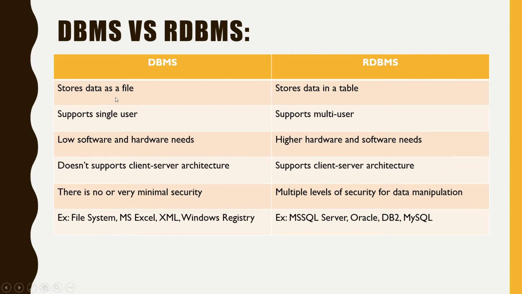Now let's look at difference between DBMS and RDBMS. DBMS stores data as a file, that is Excel or Notepad, whereas RDBMS stores data in a table, that is into rows or columns. DBMS supports single user, that is only one user can access your desktop file at a time, whereas RDBMS supports multi-user, that is n number of users can simultaneously access database at a time.